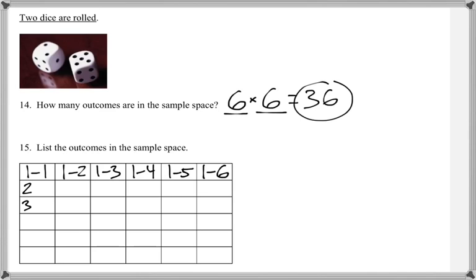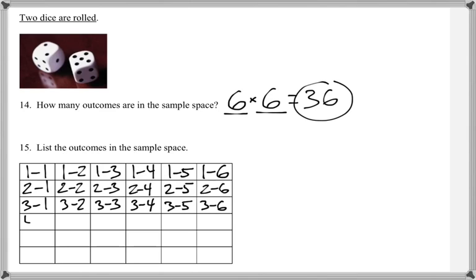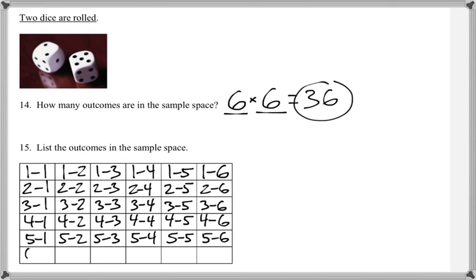So let me just complete this table. So these are the 36 possible outcomes.